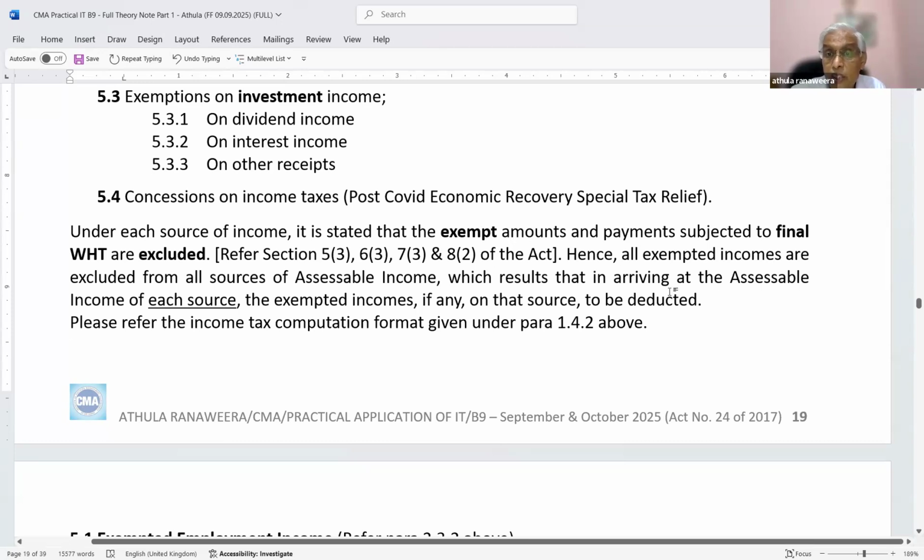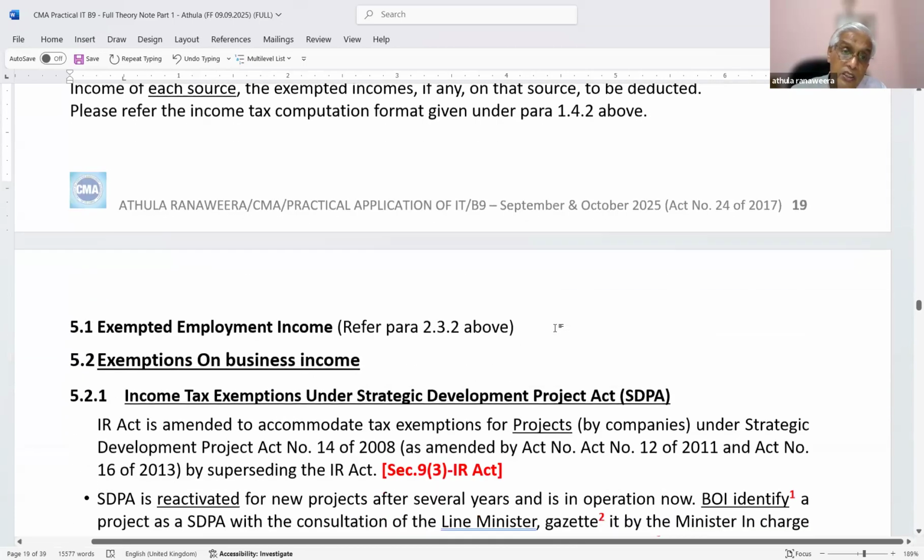Hence, all exempted incomes are excluded from all sources of assessable income, which results in that, in arriving at assessable income of each source, the exempt incomes, if any, on that source are to be deducted. Please refer to the income tax computation format given under 142 above. We have explained that, we discussed that.